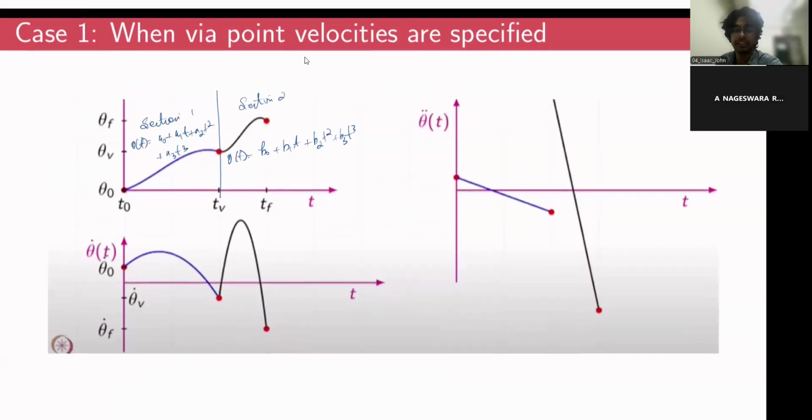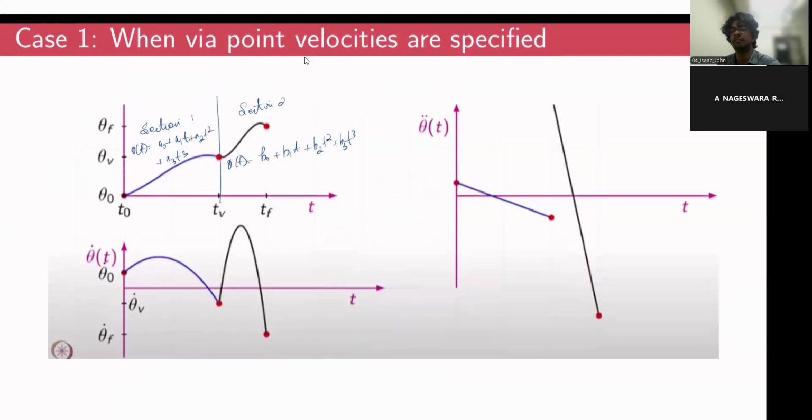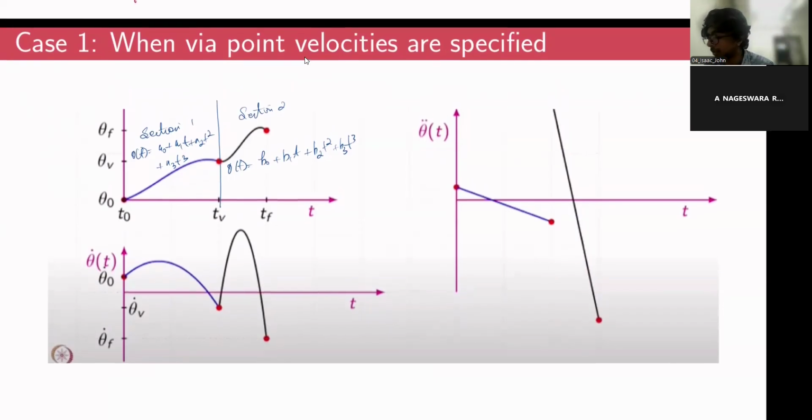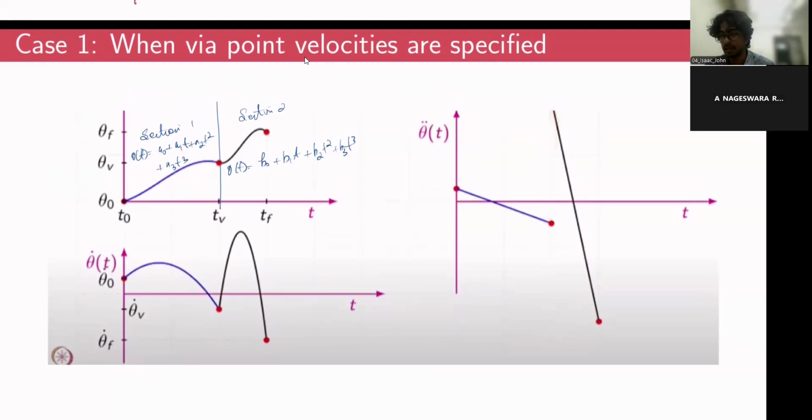So this is the implication: when you specify the velocities of the via point, you end up making the accelerations discontinuous at the via point. Once it has reached the via point, there will be a sudden jump in acceleration because of this instantaneous peak at this location.